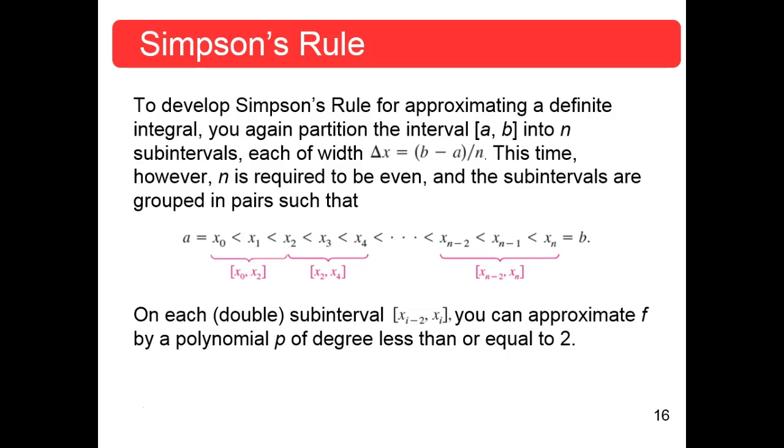You can approximate f by a polynomial p of degree less than or equal to 2. So you could do a straight line if you wanted to. You could do a horizontal, if that fit, or you can do a parabola. Okay? It's just an estimate anyway. Approximate f by that.